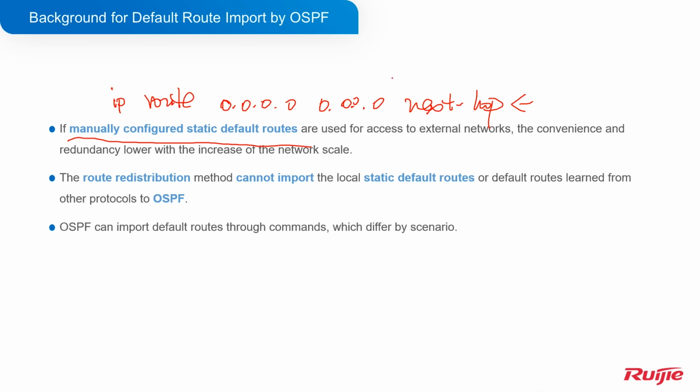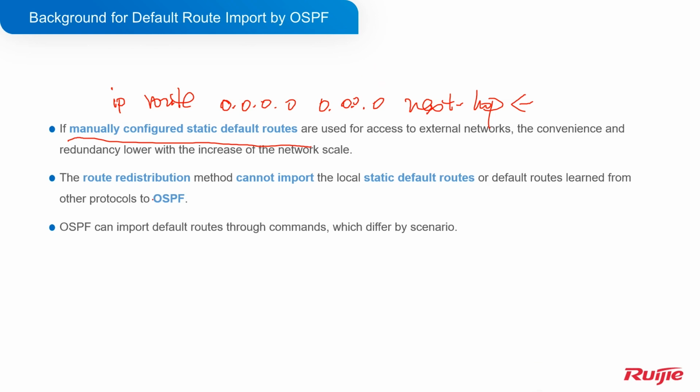If we configure every static route or default route manually, we have to check many configurations on our devices, and of course we need to waste much time on troubleshooting. So it's not a good way for us to configure static default routes manually one by one.